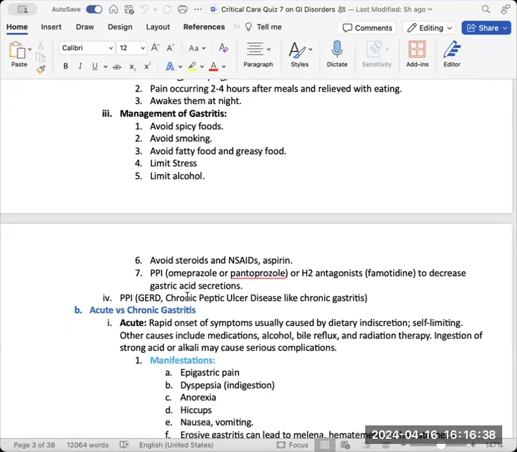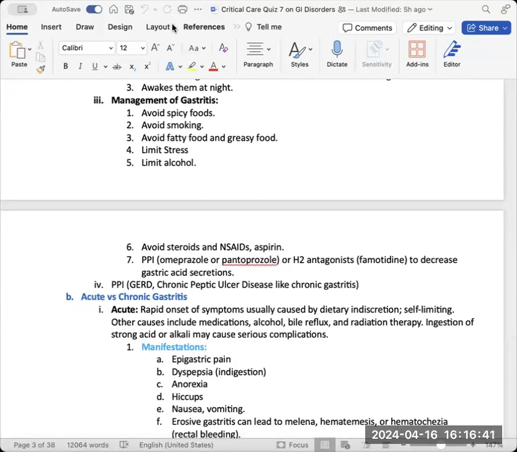Management of gastritis, we already talked about this, but just as a repeat, it doesn't hurt to keep hearing it, right? Avoiding spicy foods, avoid smoking, avoid fatty foods and greasy foods, limiting stress, limiting alcohol, avoiding steroids, NSAIDs, and aspirin because they all promote bleeding.